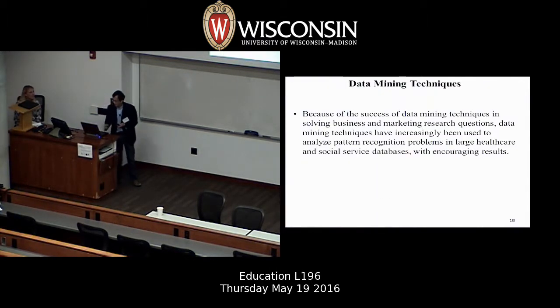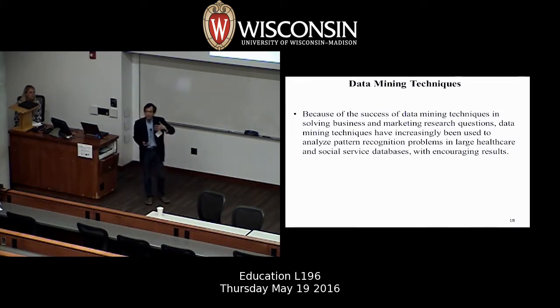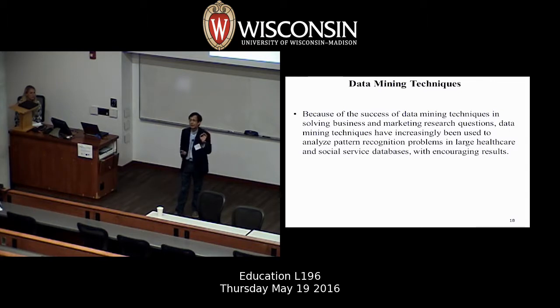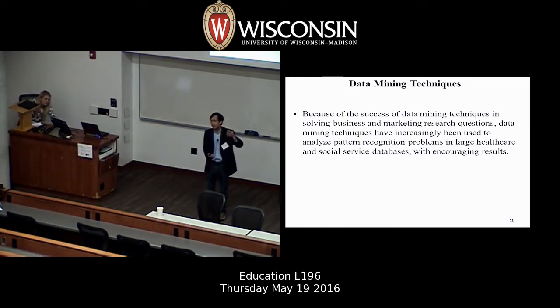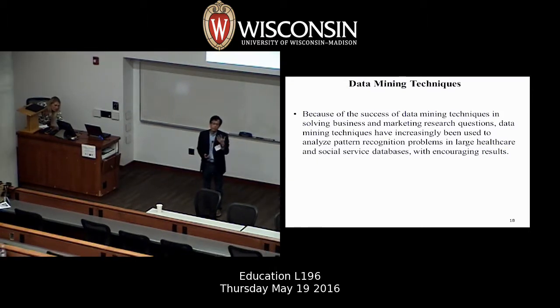But anyway, data mining has been used a lot in business and marketing research. In one way, businesses want to do market segmentation. They want to find homogeneous subgroups with certain characteristics that they know have certain consumer purchasing behavior, right? So business is really interested in doing market segmentation, okay? But in rehabilitation, we can do the same thing.